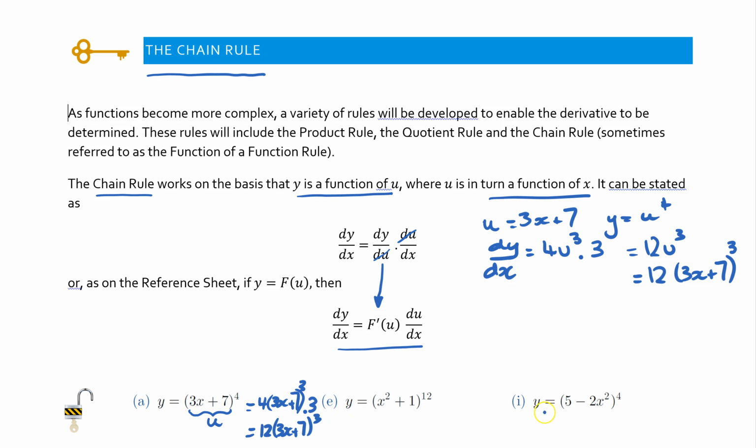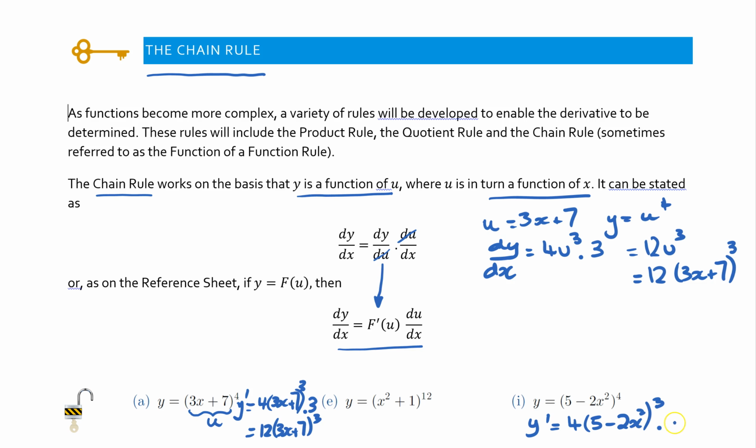Now I might just look at this example here. So if this is what y is, then I'm encouraging you, I shouldn't have actually put that as an equals there, that should have been y dashed. I'm going to encourage you to say that y dashed, or dy dx, is 4 times my function to the 3 times the differential of my function in here.